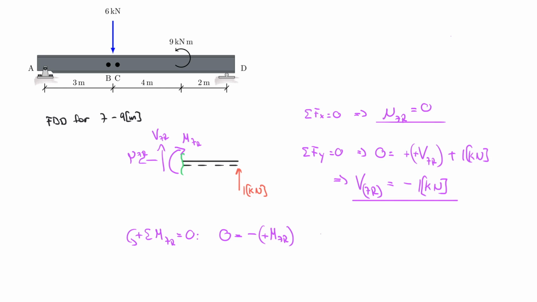So I'm using 1 kilonewton multiplied by 2 meters, and it's rotating counterclockwise, therefore this entire term is positive. So I find that my M at 7 to the right is equal to 1 times 2, so plus 2 kilonewton meters.